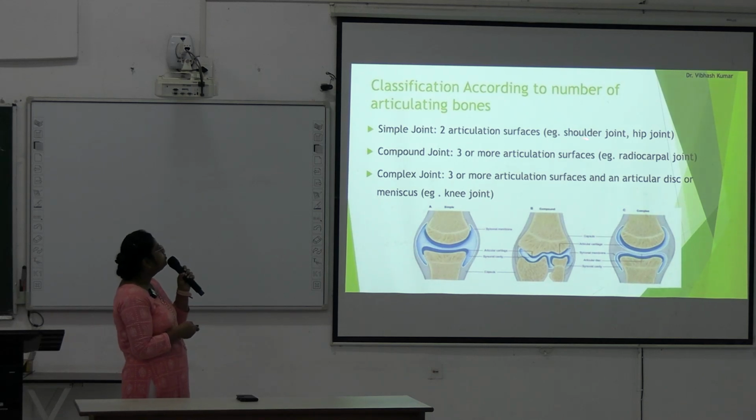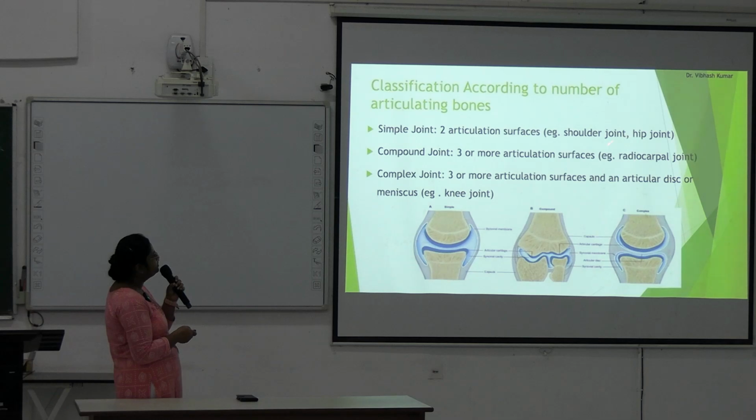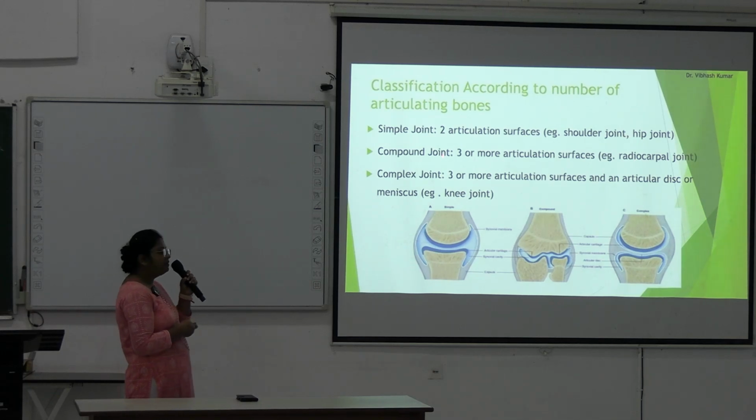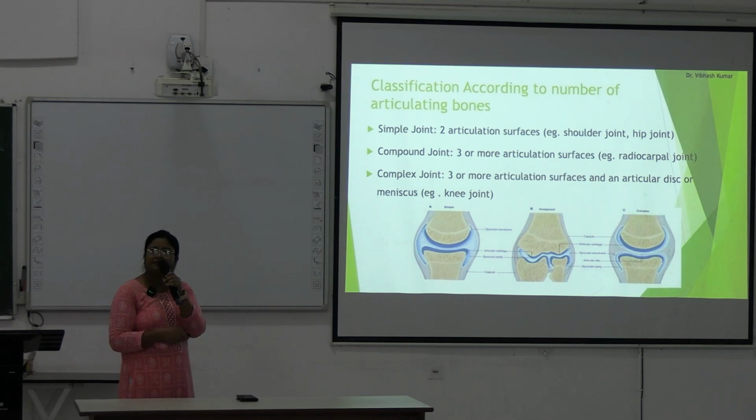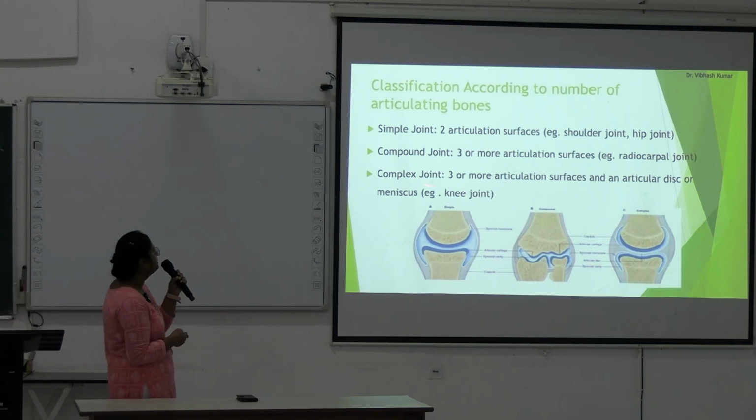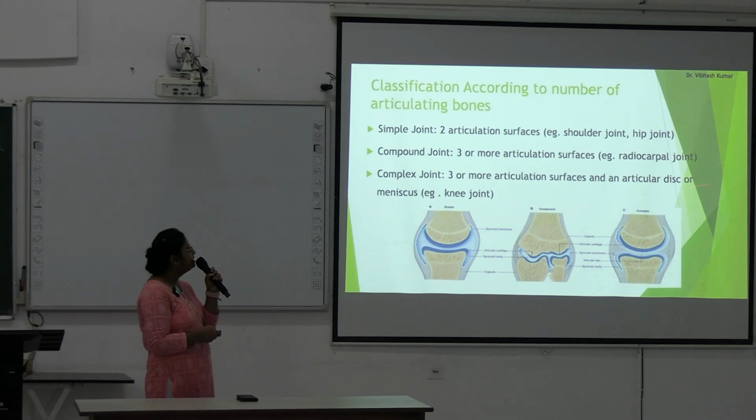Simple joint, where 2 articulating surfaces are taking part. Examples are the shoulder joint and hip joint. Then compound joint, where 3 or more articulating surfaces are present. An example is the radiocarpal joint. Complex joint, where 3 or more articulating surfaces and an articular disc or meniscus are present. An example is the knee joint.